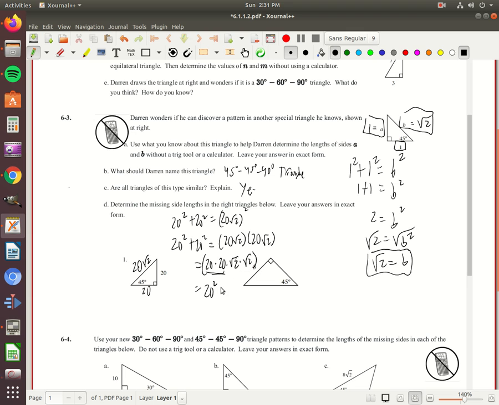And I know that the square root of 2 times the square root of 2 is the square root of 2 squared. And I know that a square root and a square undo each other. So what I'm saying is that square root of 2 times square root of 2 equals 2. So I have 2 20 squareds. Well, guess what I have over here? I have 2 20 squareds.